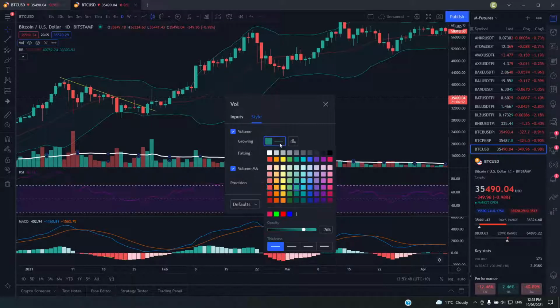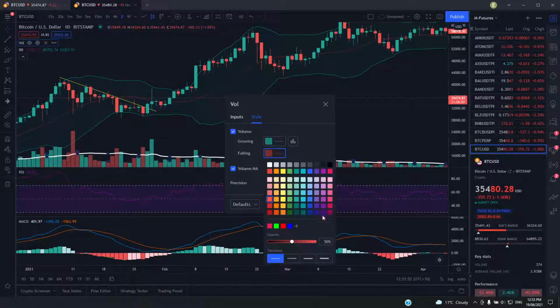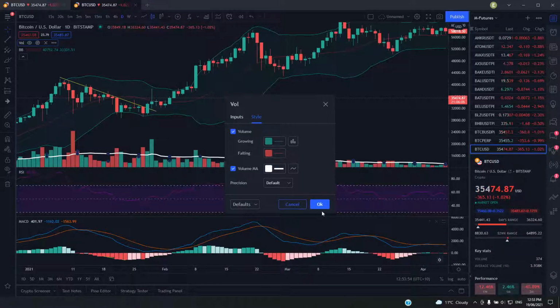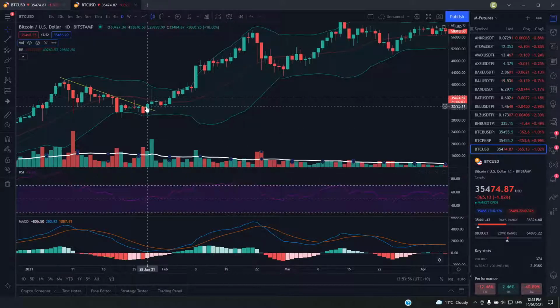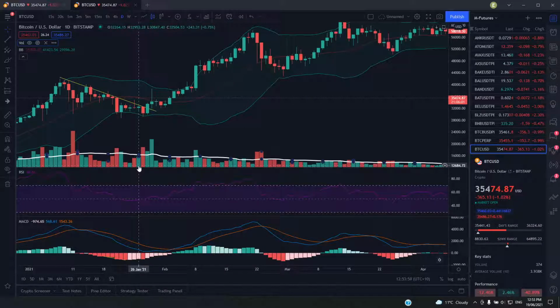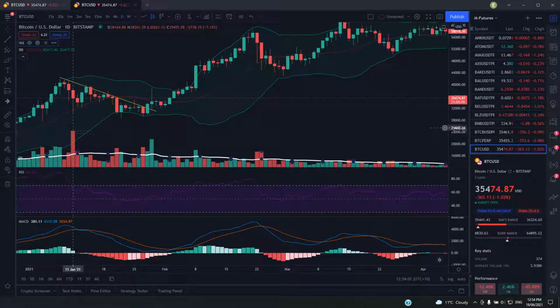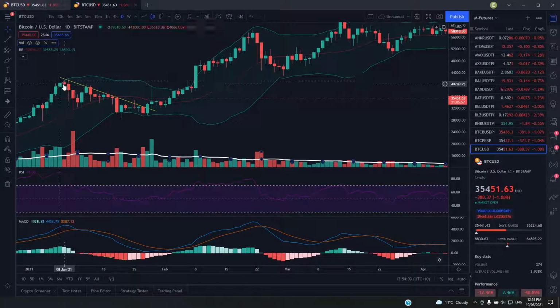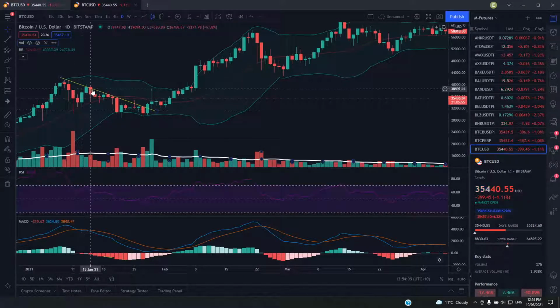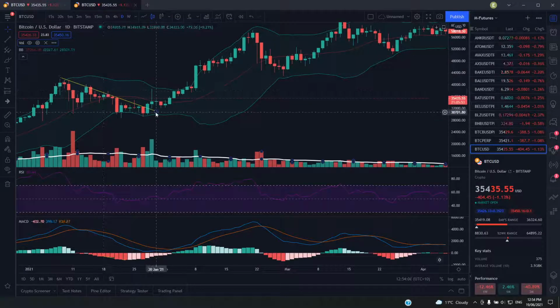The volume really stands out. Anyway, we have a decent amount of volume. You've got an evening star there pushing it down. It's respecting our downtrend line.